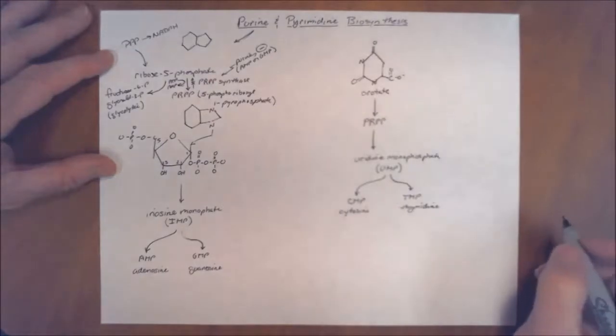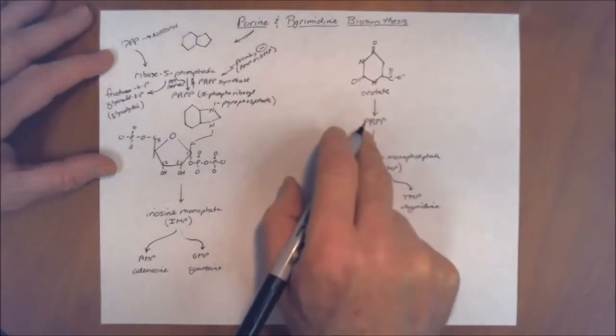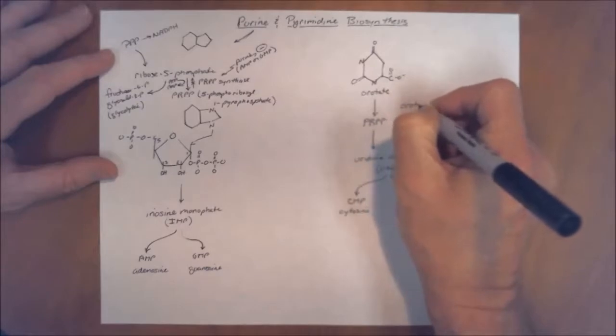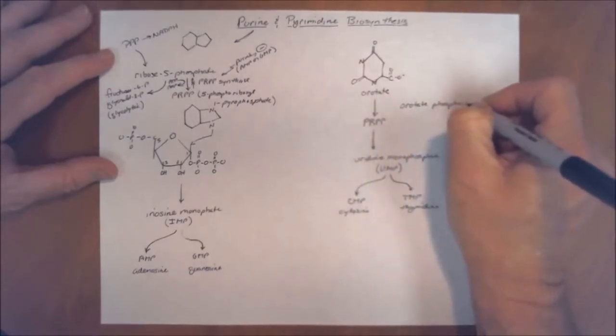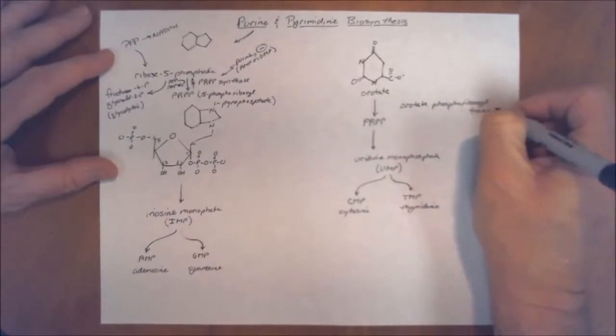There is a particular block in this reaction. Up here, when we add the orotate to the PRPP, this enzyme is called orotate phosphoribosyl transferase.